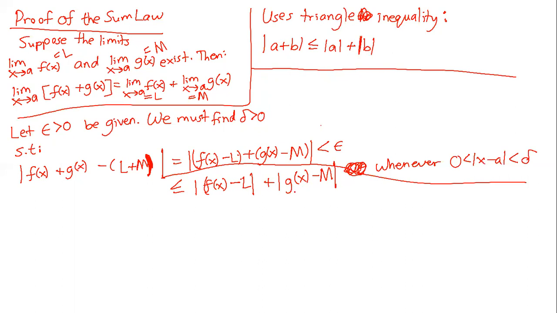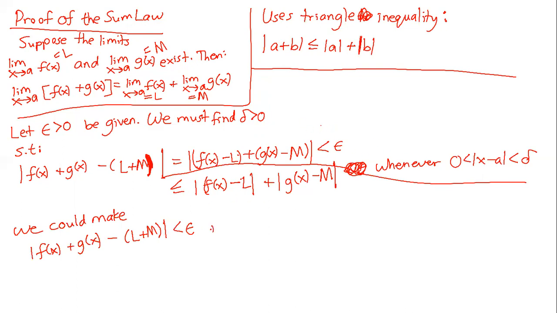So then what we get is that we could make the absolute value of f of x plus g of x minus L plus M less than epsilon, which is our goal here, trying to find a delta such that this is true.